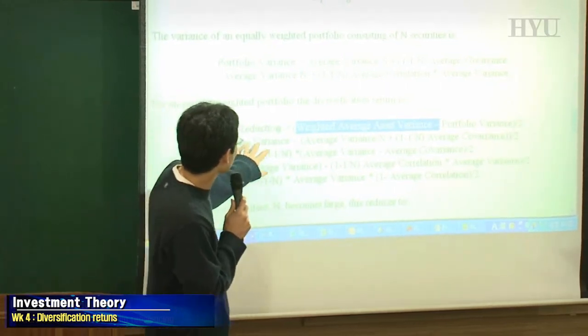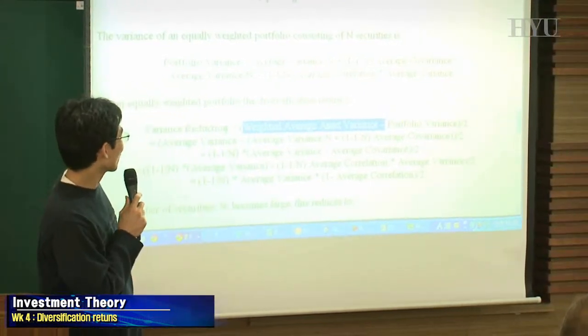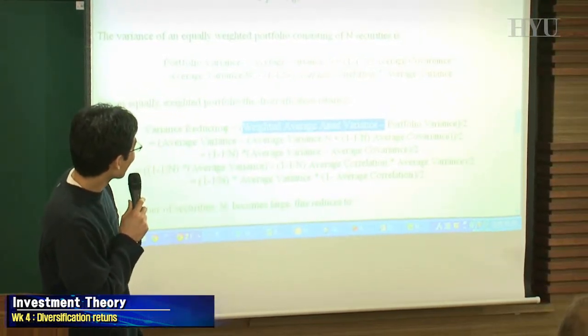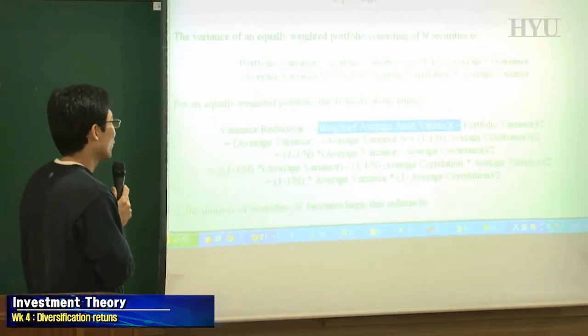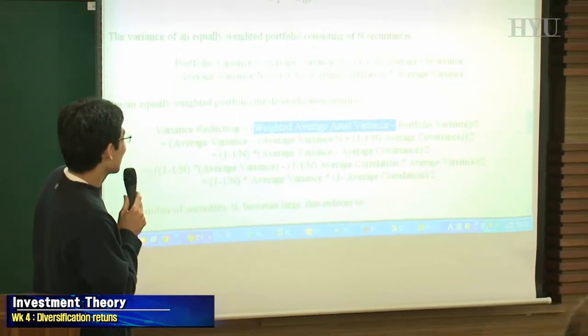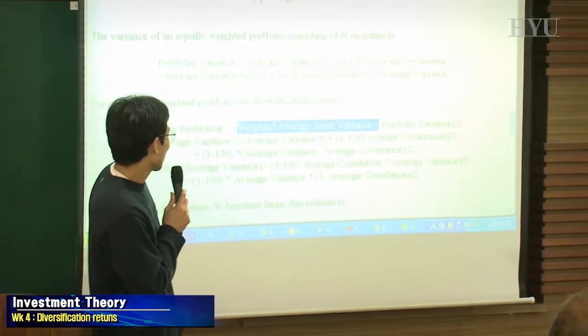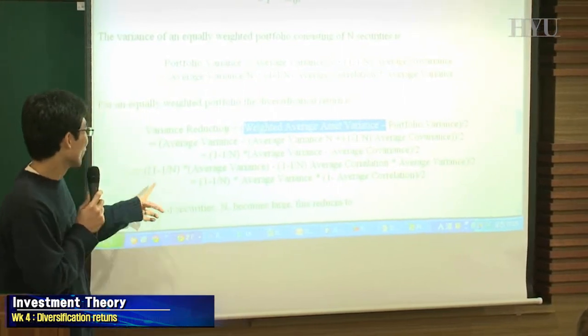We have the same average variance over here, so we can factor out 1 minus 1 over n. So it is 1 minus 1 over n, times average variance minus average covariance, divided by 2. And then again, average covariance is simply average correlation times average variance, so we can factor out average variance again.